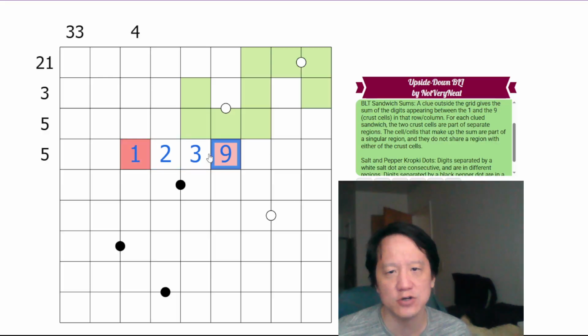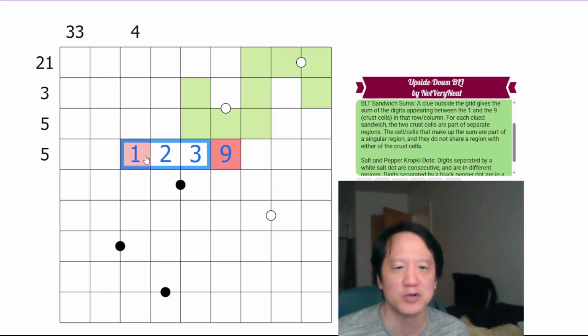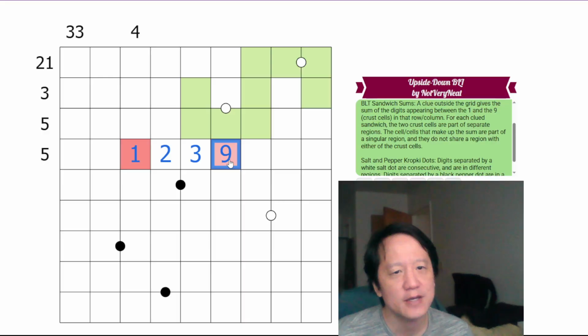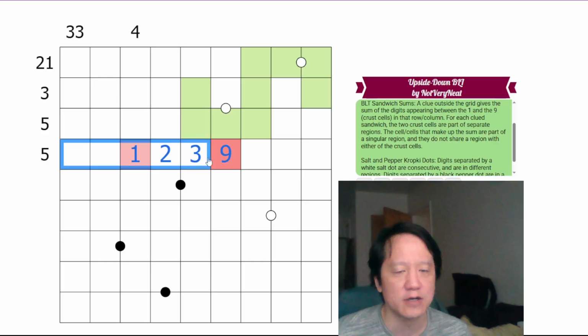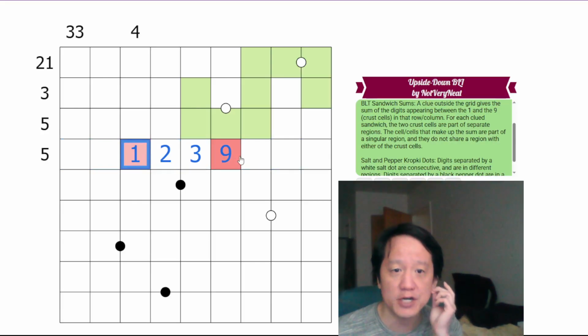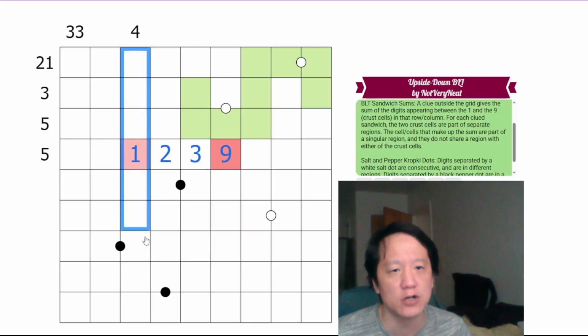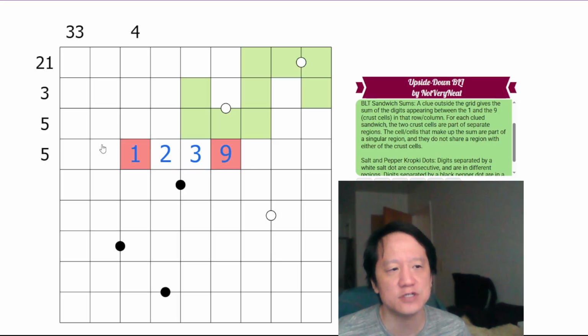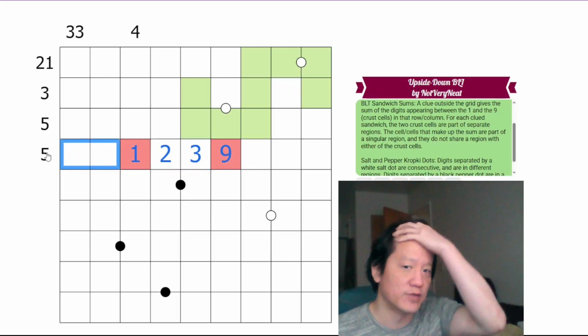And I guess these are called BLT sandwiches. I'm not sure why this is BLT, though. But the normal sandwich clue or rule is basically the sum of the digits between the 1 and the 9 in the row or column that the clue is in add up to the number that's outside of the grid.